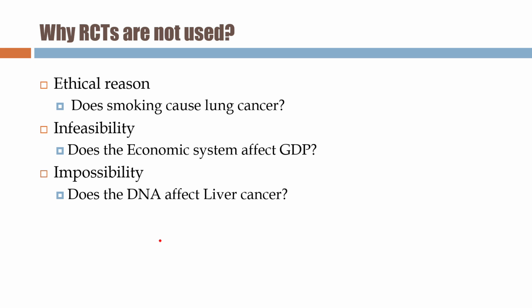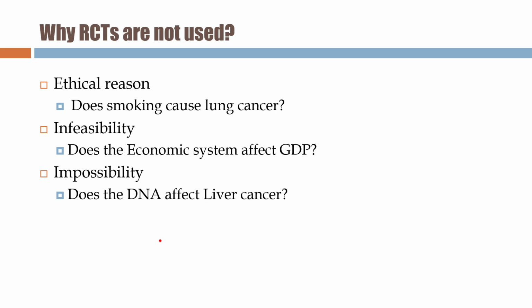One reason we don't use an RCT is that sometimes it's unethical. Say I want to find out how smoking causes lung cancer. You collect 100 patients and toss a coin: if it's heads, you smoke, and if it's tails, you don't smoke. If you divide them that way into smoking and non-smoking patients and do the study, then you will get an exact result.